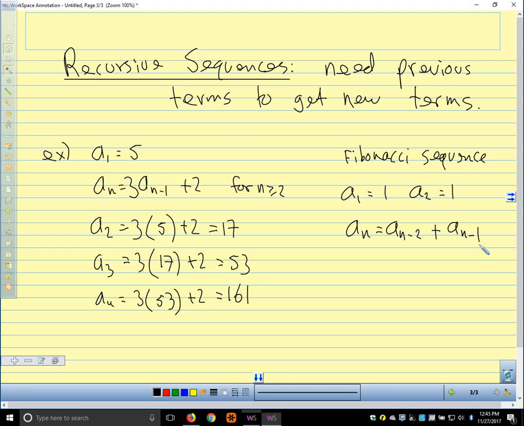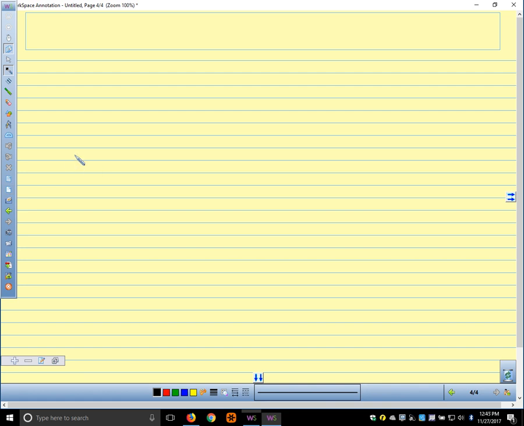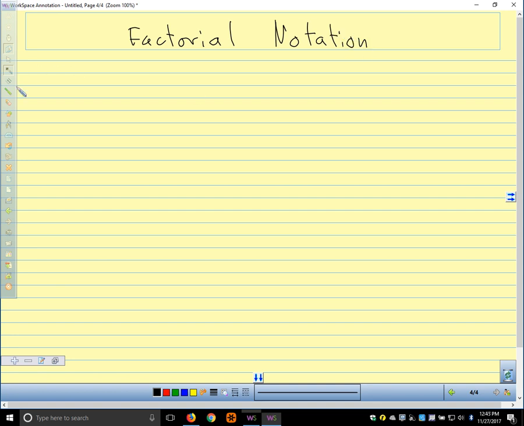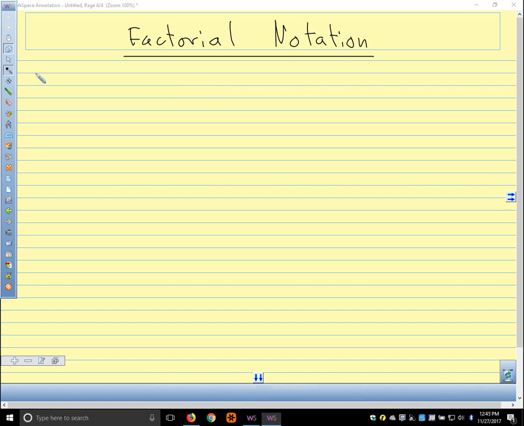All right, so one thing that comes up often in sequences and series, and we'll also use it again when we talk about counting and probability, is factorial notation. Factorial notation is n factorial.